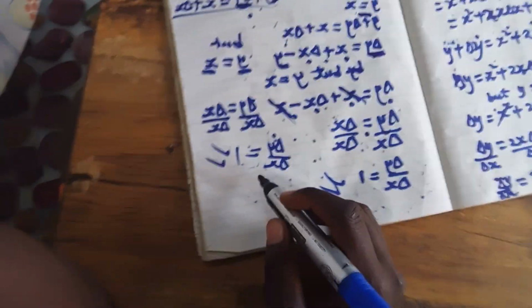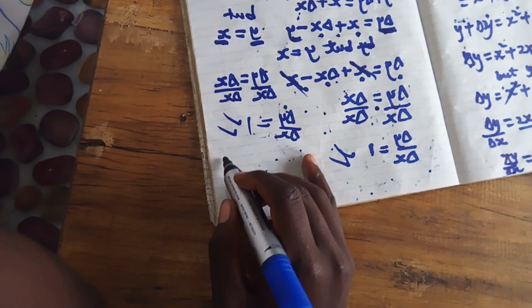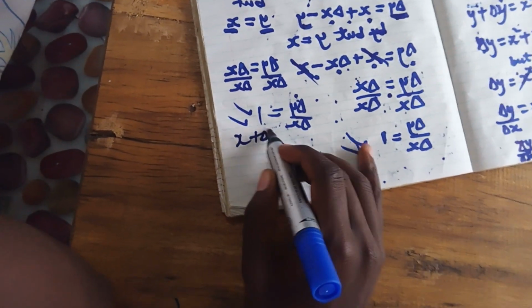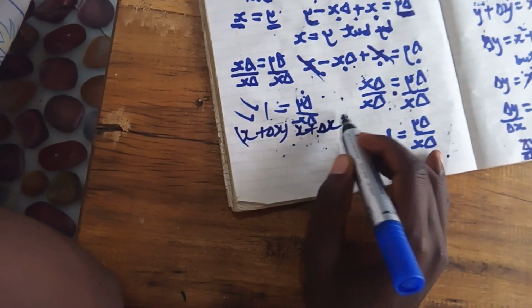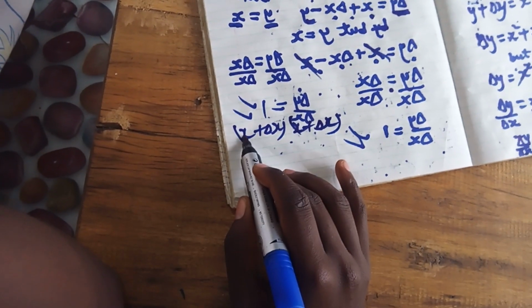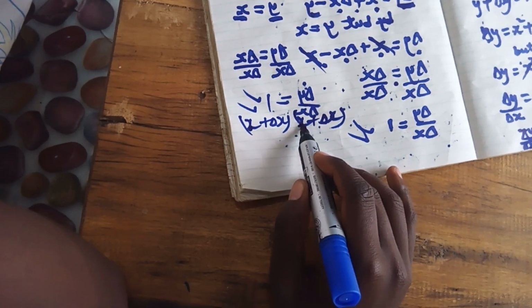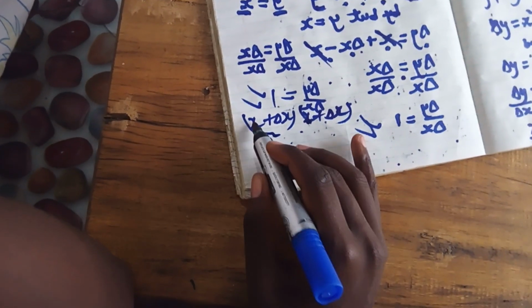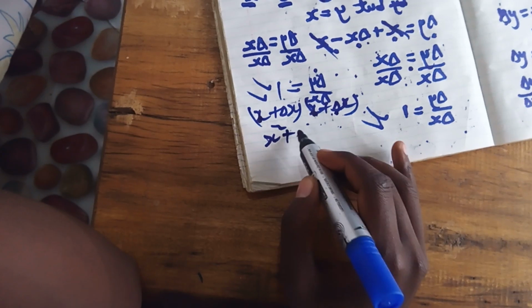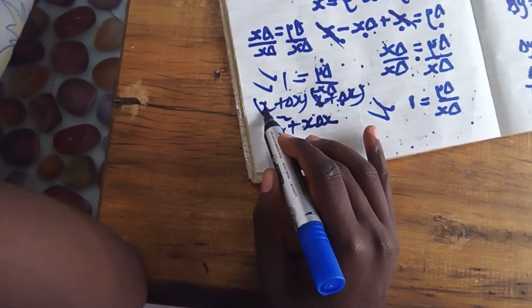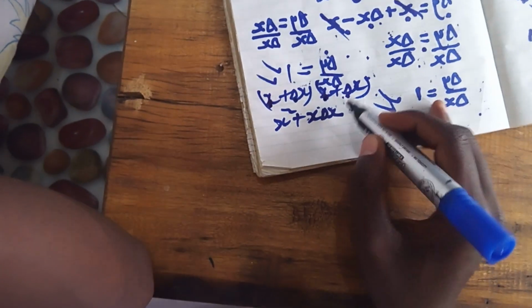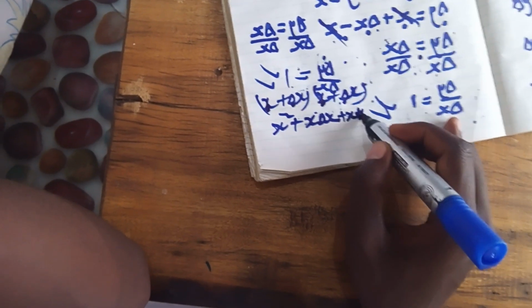So let us now use this side to calculate that one. x plus change in x. Meaning this function will multiply by itself. So we take this one times this one, it gives us x squared. This one times this one will be x change in x. This one times this one gives us another x change in x.